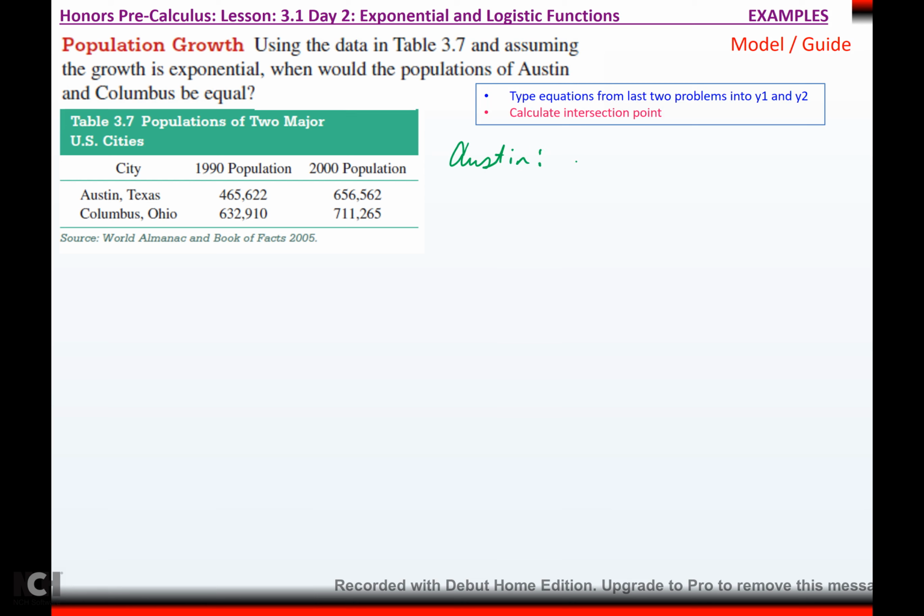My population model for Austin was P of T equals, I'm going to have to back up because I don't remember. The initial for Austin was 465,622. Darn it, I can't remember. We're going to have to back up.